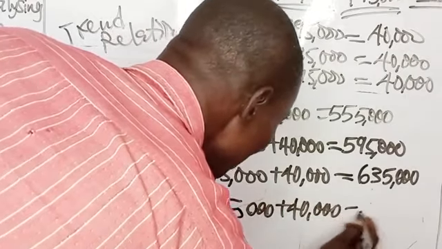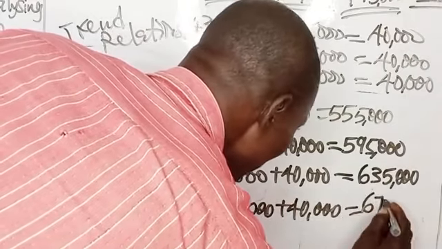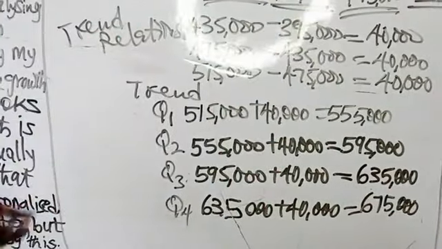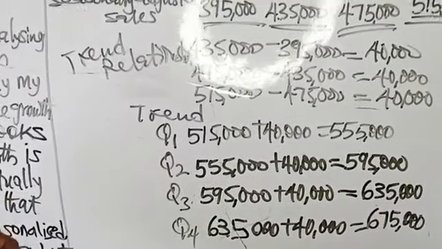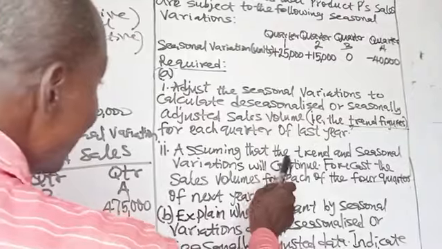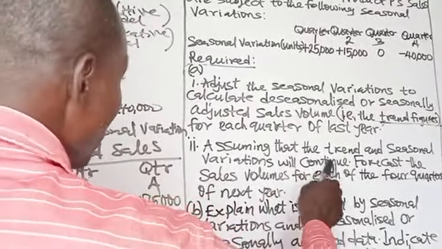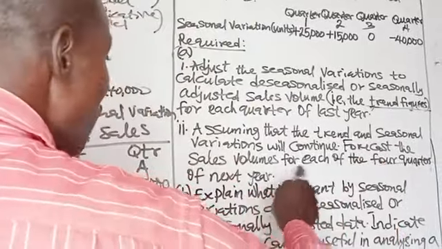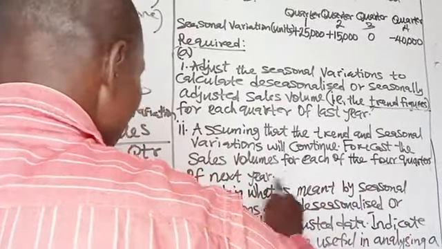That gives us 675,000. These are the trends in the data. Now back to the question. You were told, assuming that the trend and seasonal variations will continue, you have to forecast the sales volume for each of the 4 quarters of next year.